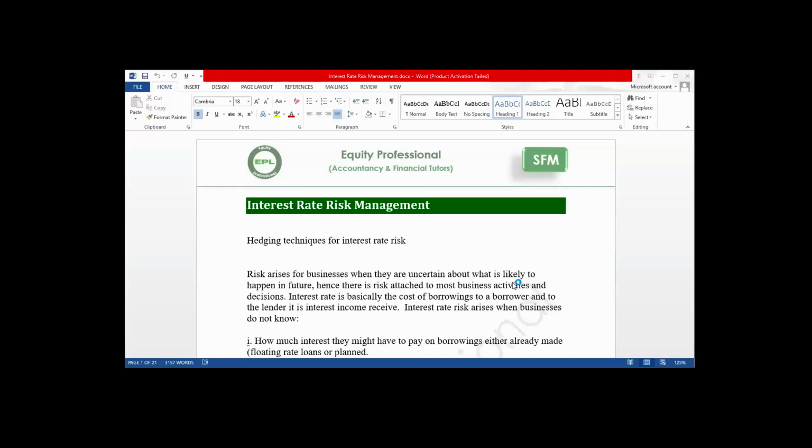We know the meaning of interest rates. If you are to define interest rates, you can define from two perspectives. Interest rates is the amount paid if a company borrows money. Hence, interest rate is the cost of borrowing.